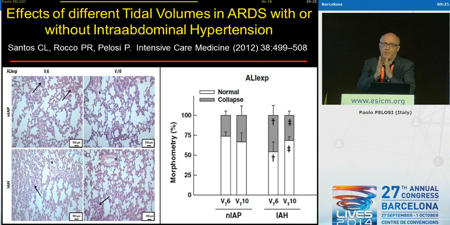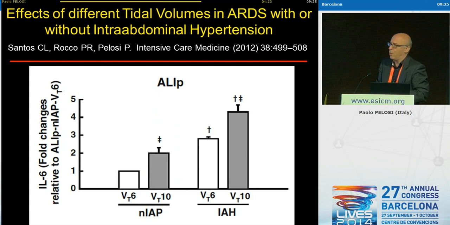The hypothesis is that if you use excessively low tidal volume and excessively low transpulmonary pressure in a condition of higher intra-abdominal pressure, we observe a higher amount of consolidation and atelectasis, and this can produce further lung injury. And this is actually what we observe when we increase the tidal volume.